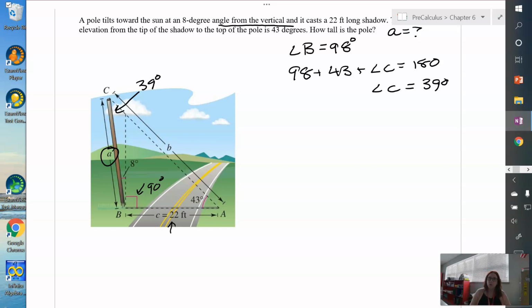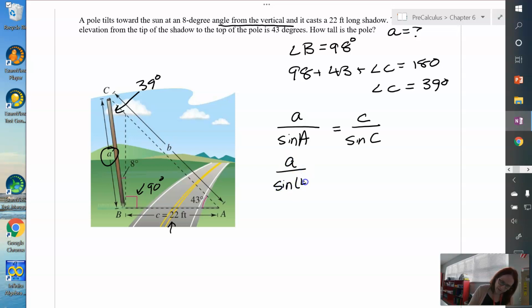So now I'm ready to write my law of sines. I'm trying to solve for A. So little a over sine of A is going to equal little c over sine of C. Now I'll plug in what you know. Little a is what I'm looking for. Sine of 43 equals little c, which is 22, over the sine of 39.